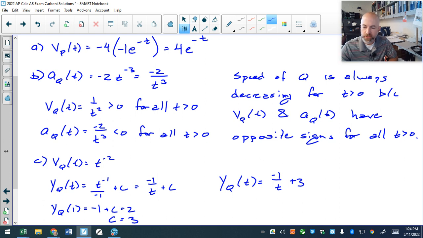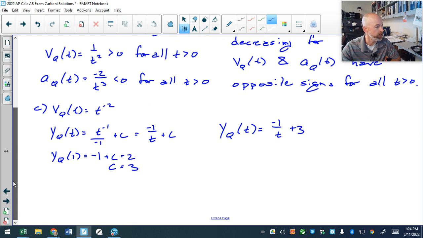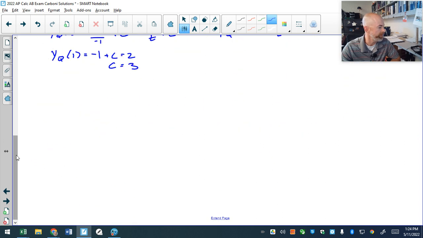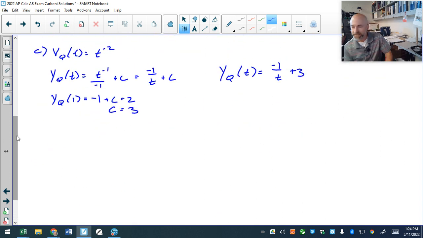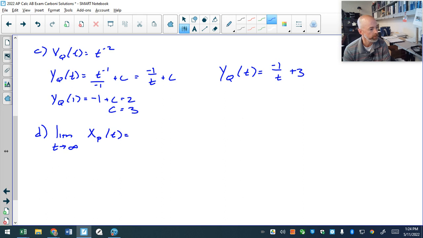As t moves to infinity, which particle will eventually be further from the origin? And give a reason for your answer. All right, so we're going to do the limit as t goes to infinity of each of the position functions. So the limit as t goes to infinity of x_p of t.